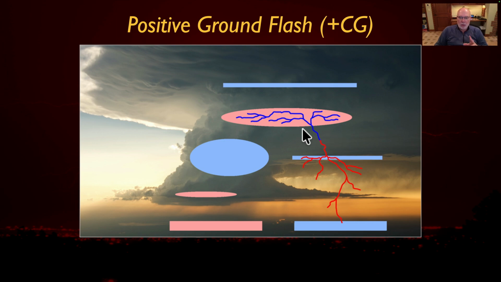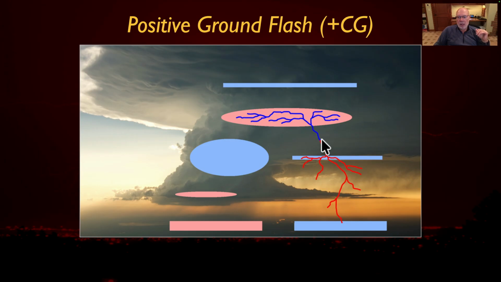And what's occurring here is the fact that you have a positive charge region in the upper portion. And again, you need two charge regions in order to initiate a bipolar leader. And so you get the screening layers that develop on the cloud boundaries. In the case of the vault, it's a negative screening layer, both at the base and on the top of the storm, designated by this.